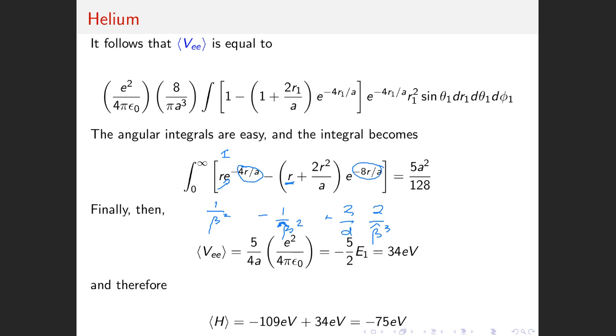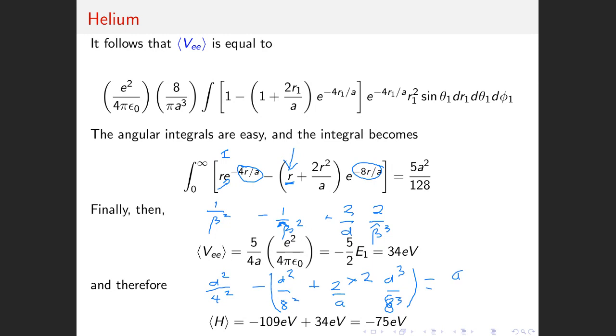So once you plug everything in, the integral of r to the minus 4r over a will just give you a squared over 4 squared, minus this one which gives you 1 over beta squared but a different beta, so a squared over 8 squared, plus 2 times 2 over a of a cubed over 8 cubed. Right?